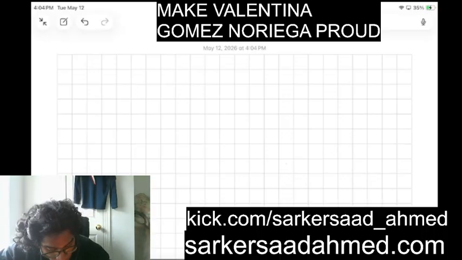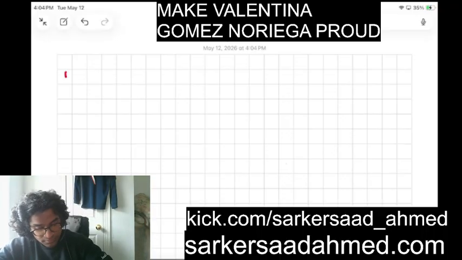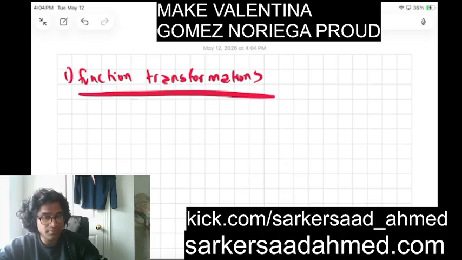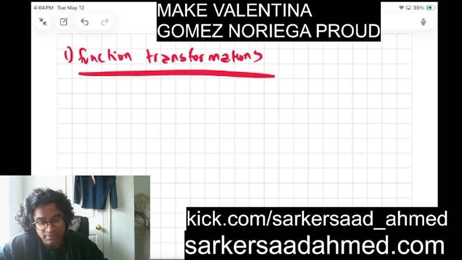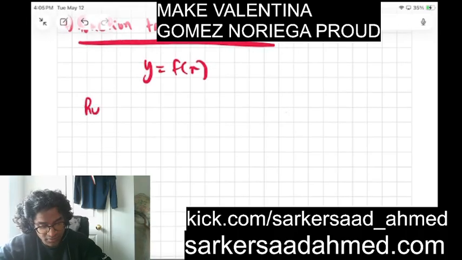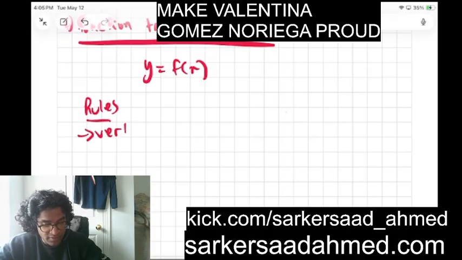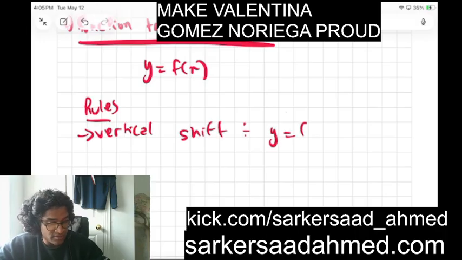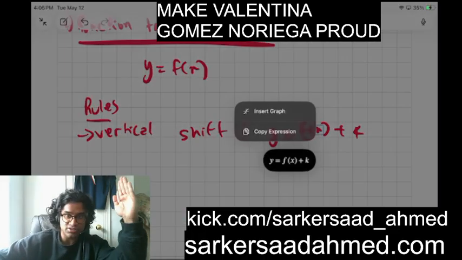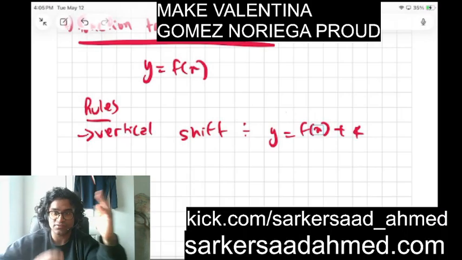So first of all, function transformations. The base function, obviously, is y equals f of x, and a few rules are there. We have a vertical shift, where y is equal to f of x plus k. You know what a vertical shift is?